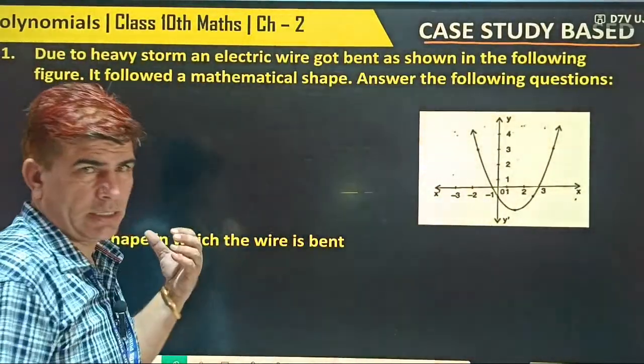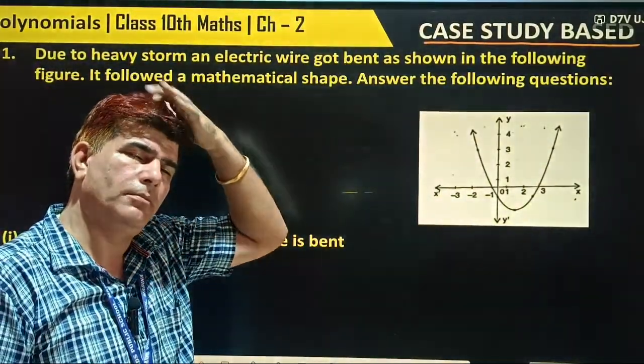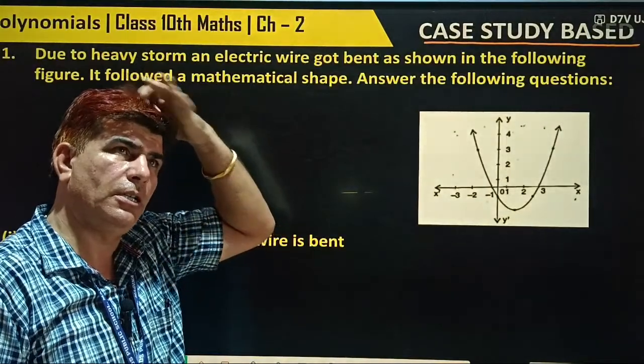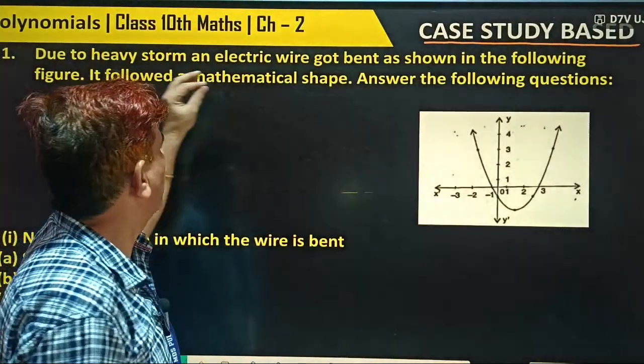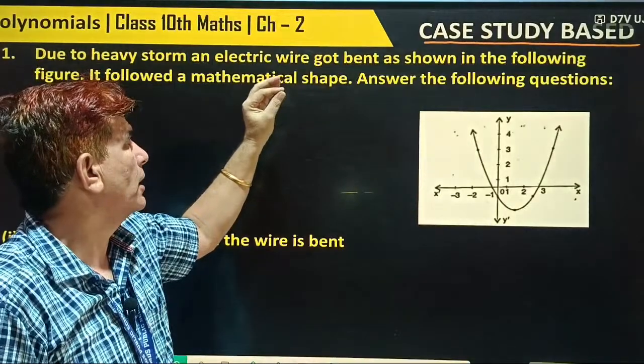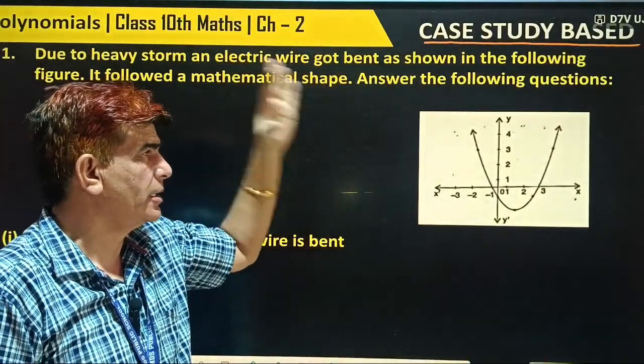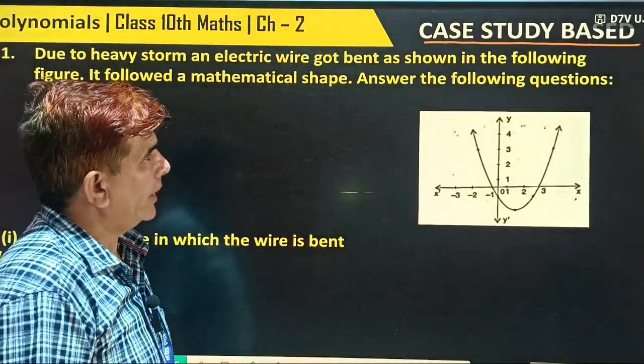Question number 1, case study, definitely coming in your exam of CBSE, HBSE and all. Due to heavy storm, an electric wire got bent as shown in the figure.